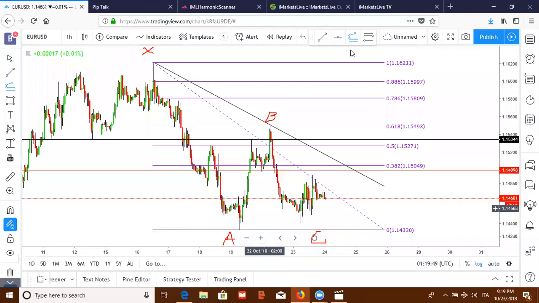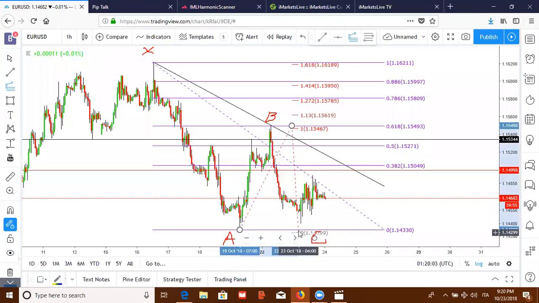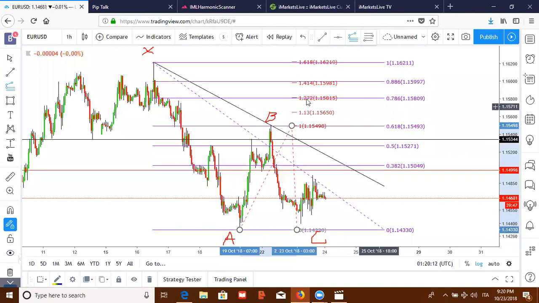You can use either one, the fib retracement, taking it from B to A, or you can use the Fibonacci Extension, taking it from A to B, all the way back down to A. And I'm looking for the 1272 level also. Now I have the 1272 level and the 78.6 level lined up identically.